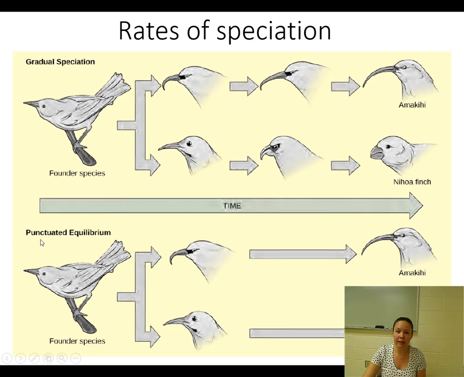Punctuated equilibrium means you have that same starting founder species, but then a drastic change right away, and that change is maintained over time, leading to the new species. So punctuated means early change that is maintained, whereas gradual speciation occurs with very small changes over a long period of time.